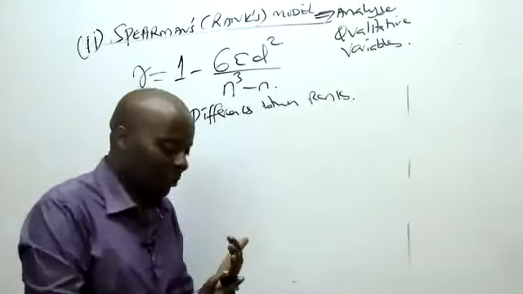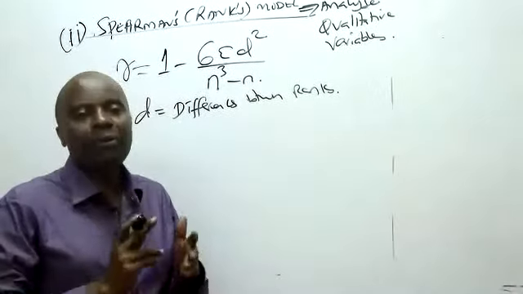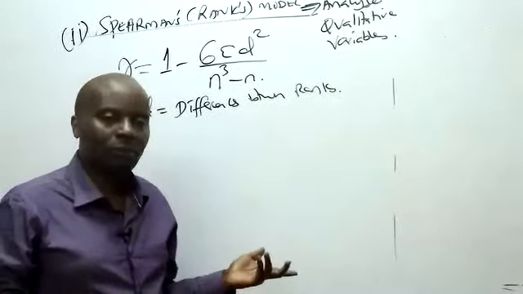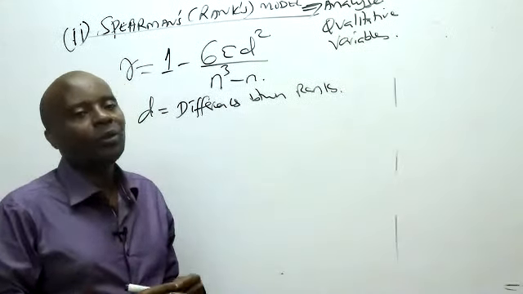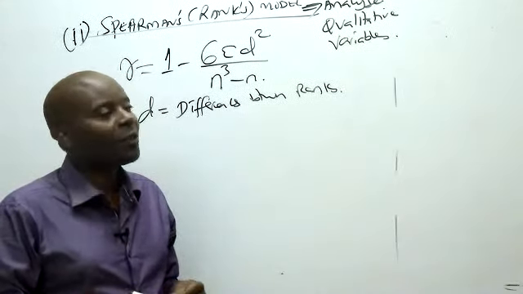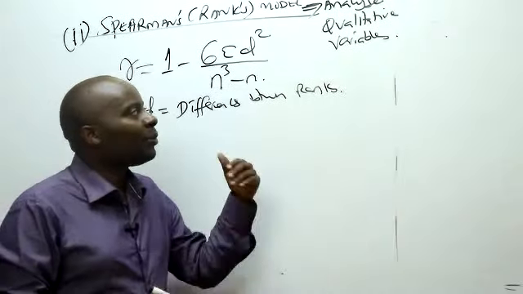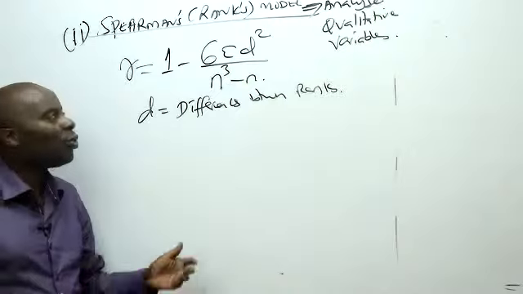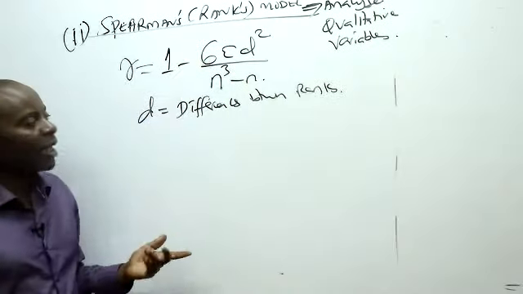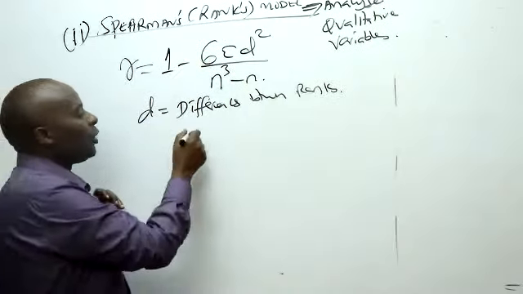You can't measure them, you can't count them. For example, female beauty. You can't attach a numerical value to that. So anytime you want to analyze two or more qualitative variables, then you can only use a ranking system.